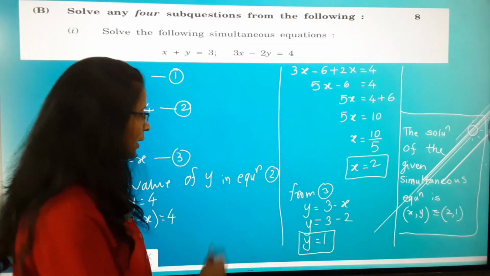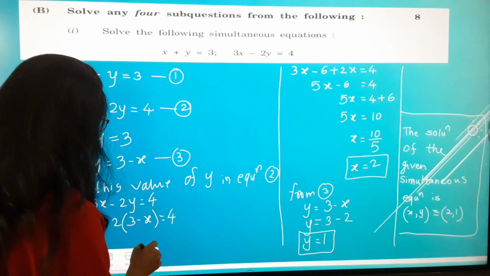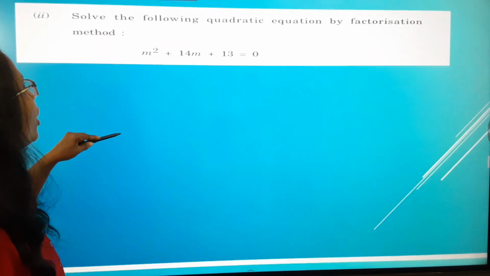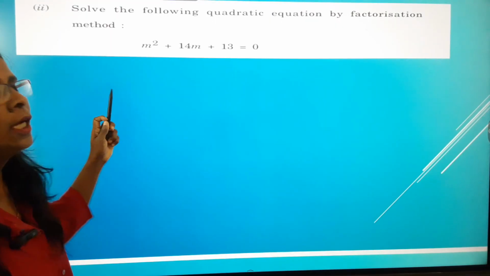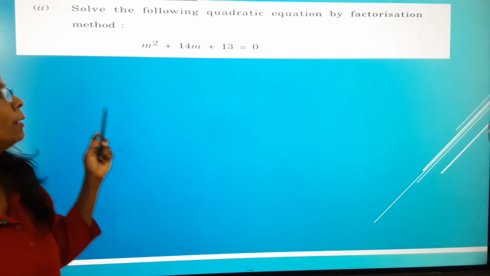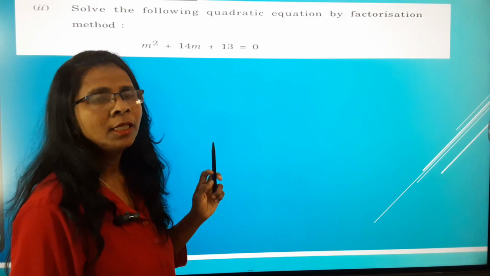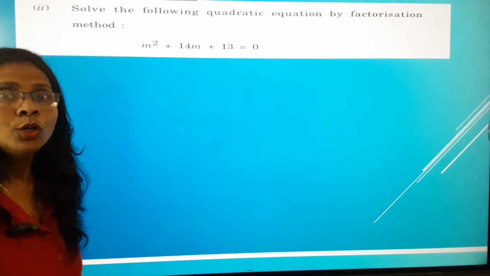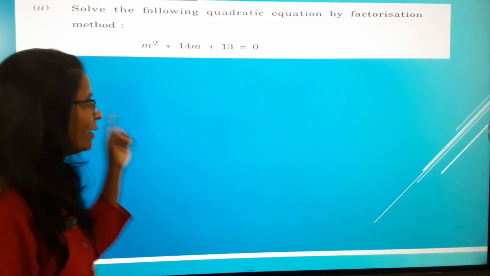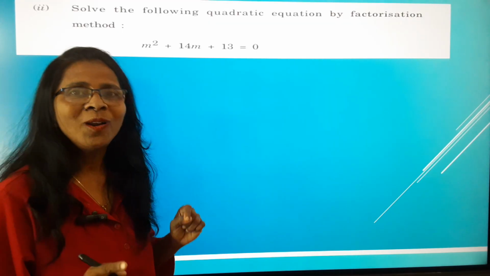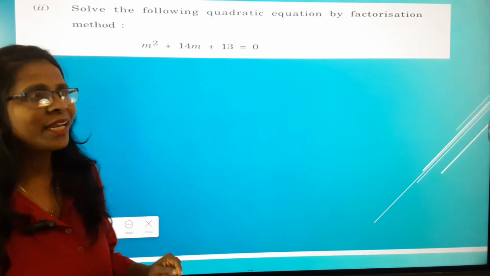Okay students, then next one. Solve the following quadratic equation by factorization method: m square plus 14m plus 13 is equal to 0. This factorization method always comes in the board exam.